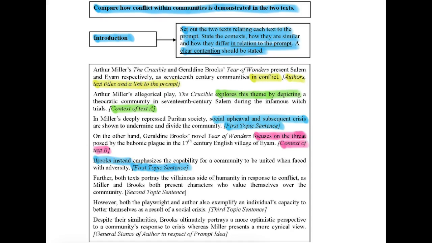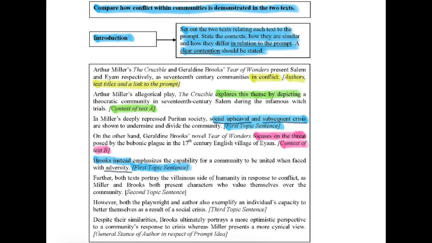And also perhaps what we can just briefly look at is the synonyms that we wrote down in the first tutorial, which are starting to find their way into this introductory paragraph.